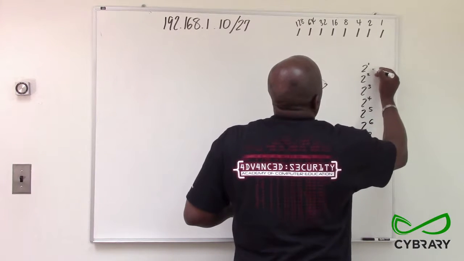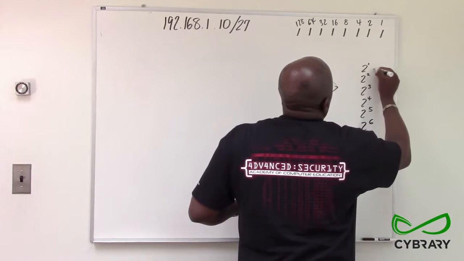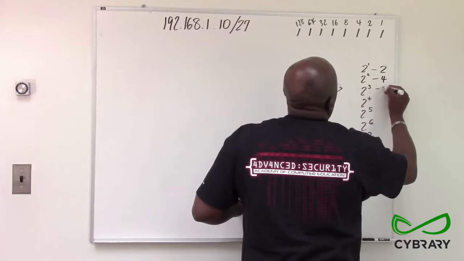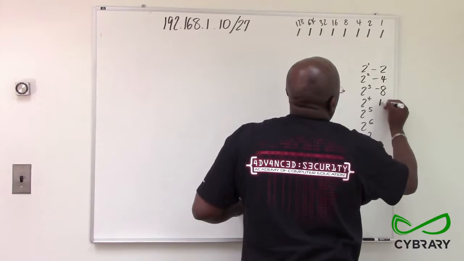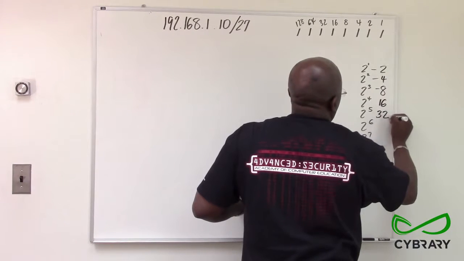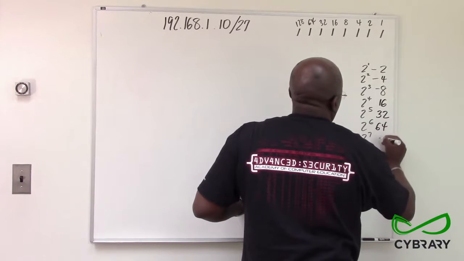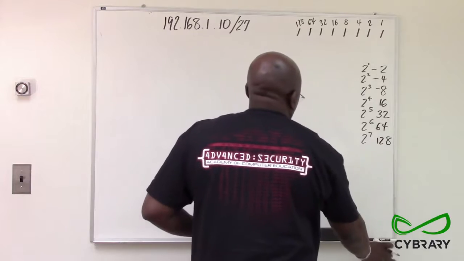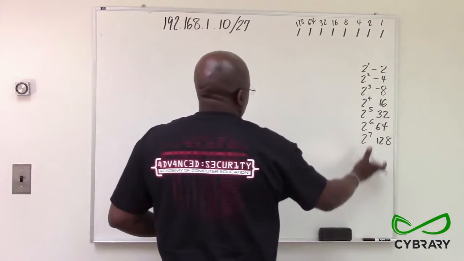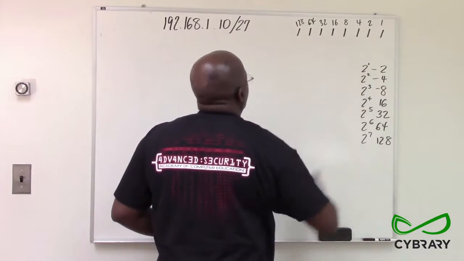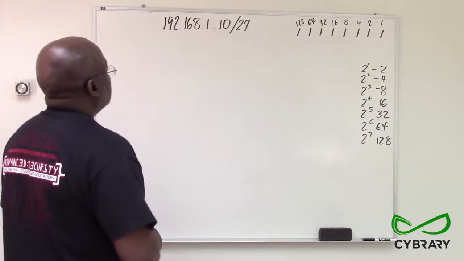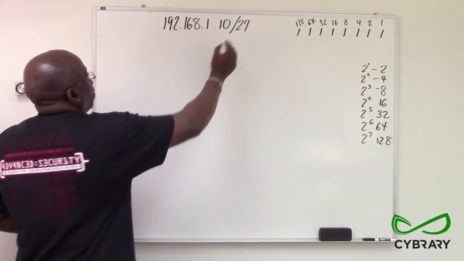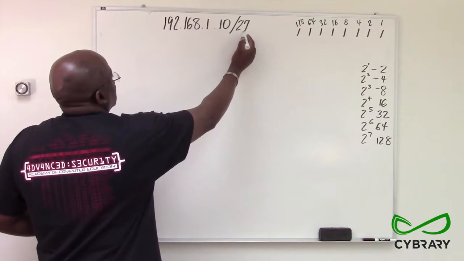So 2 to the power 1 would give us 2, 4, 8, 16, 32, 64. We could have these run all the way to 10, 15, but this is about sufficient for what we need right now. So using CIDR notation rules, we know it has to subnet to 27.